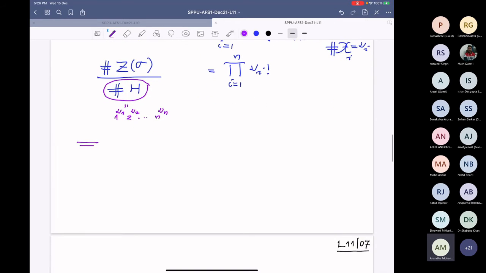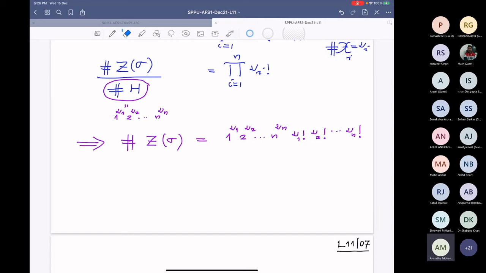Therefore, from here I know the cardinality of the centralizer of sigma, which is equal to a nice formula: 1 power nu 1, 2 power nu 2, n power nu n, times nu 1 factorial, nu 2 factorial, dot dot, nu n factorial. That is what we wanted.